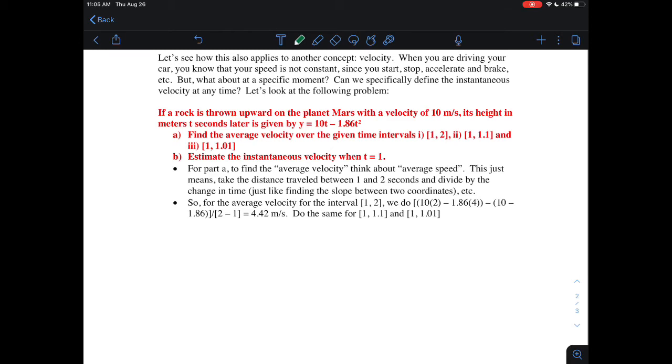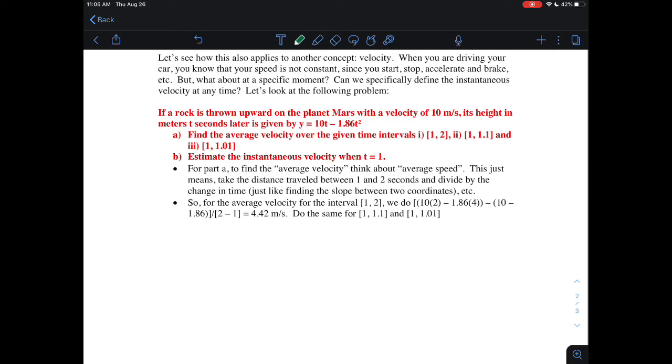So first, part A, find the average velocity over the given time intervals, 1 to 2, 1 to 1.1, and 1 to 1.01. Here you can notice that these intervals are intervals of time, which means in part I, 1 to 2 seconds, so an interval of 1 second. And then the next interval is shorter, and then the third interval is even shorter than that.